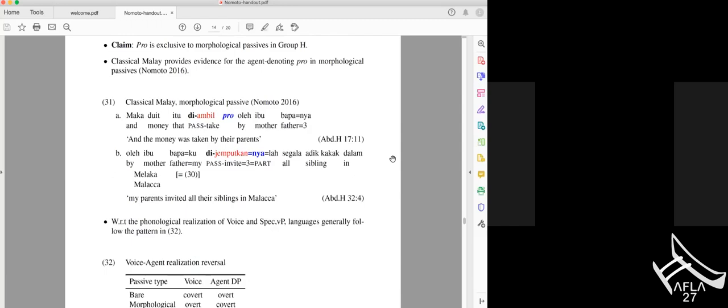So 31A is just like an English passive with a by phrase following the passive verb form. But here I posit a pro because classical Malay also had passive types, as in 31B, where the agent occurs overtly, but the by phrase still occurs together with the overt agent after the verb.